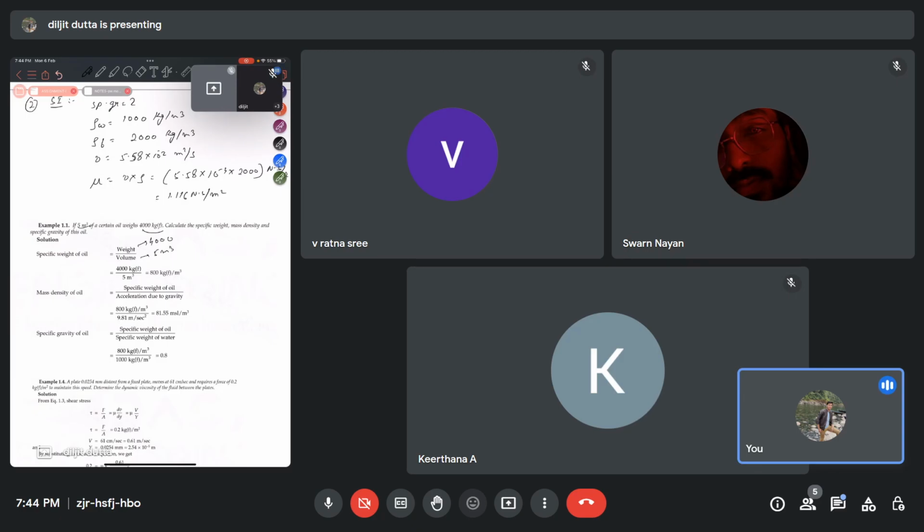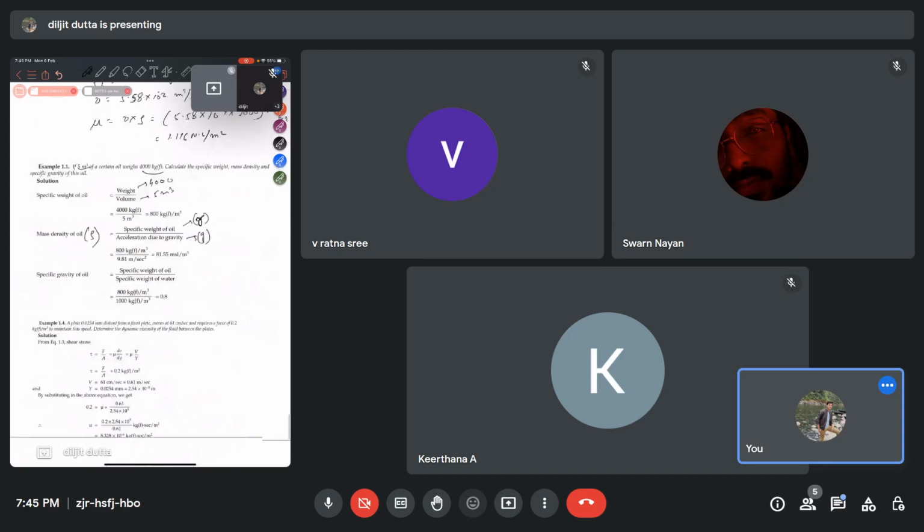So what is the mass density? Mass density means rho. Rho is equal to the specific weight of the oil divided by g, gamma by g. We have found gamma in the previous part. So gamma is the specific weight, 800 kgf per meter cube, divided by g which is 9.81. So you get 81.55 MSL per meter cube.